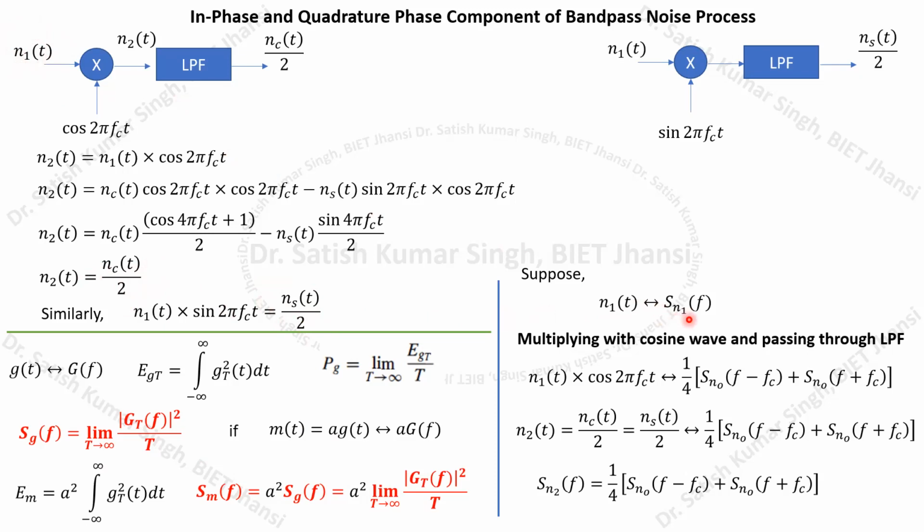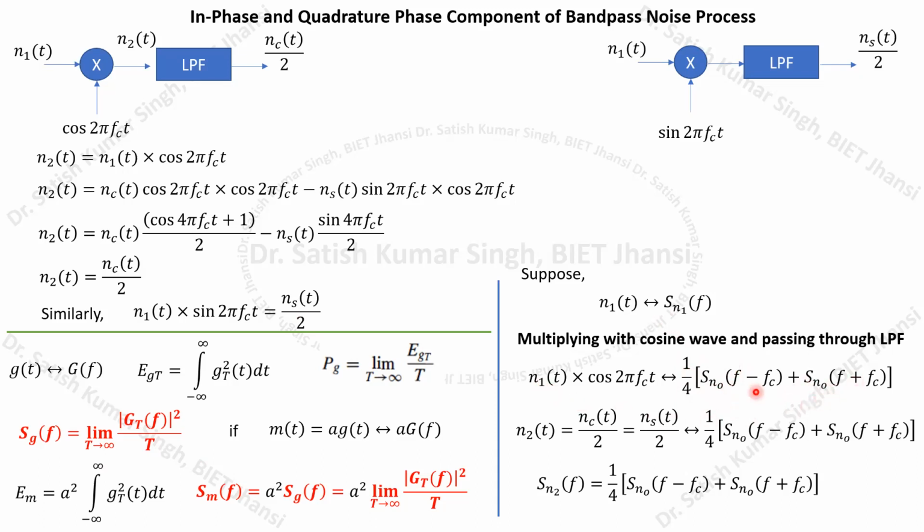In that case, if we multiply cos 2 pi f_c t to this n1(t), then after multiplication the power spectral density of the output will be equal to 1/4 S_n(f minus f_c) plus S_n(f plus f_c).